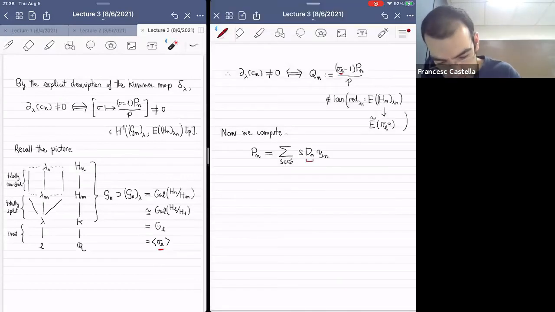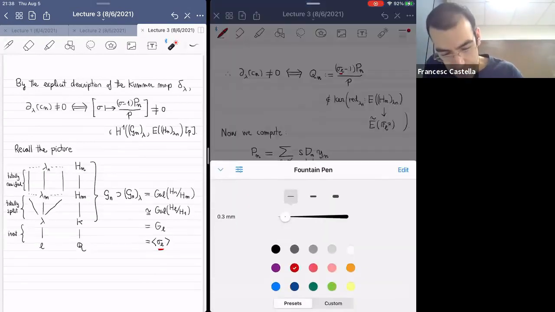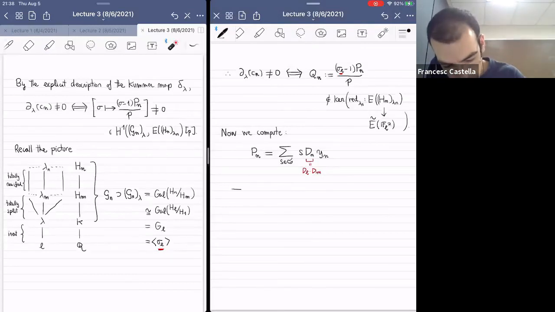By definition this d_n was d_L times, I can write it like this. Now for Q_n, we're going to take this and apply sigma_L minus 1. But we had that relation involving sigma_L minus 1, so we can use that relation that I left as an exercise.